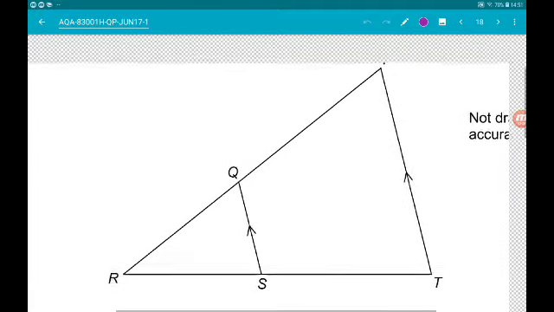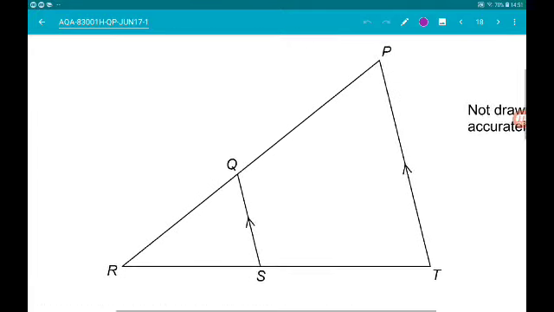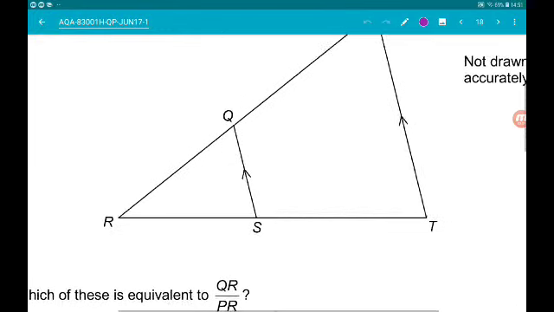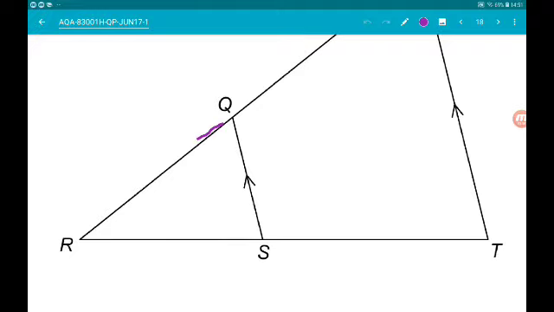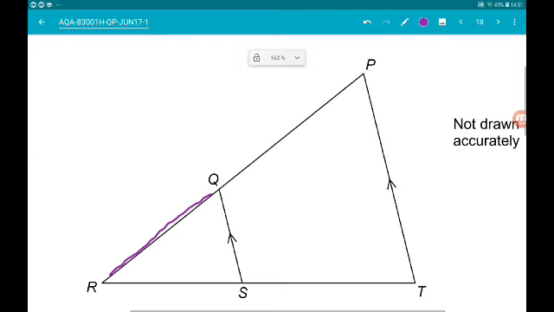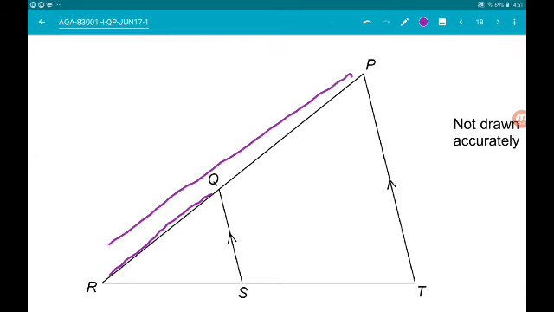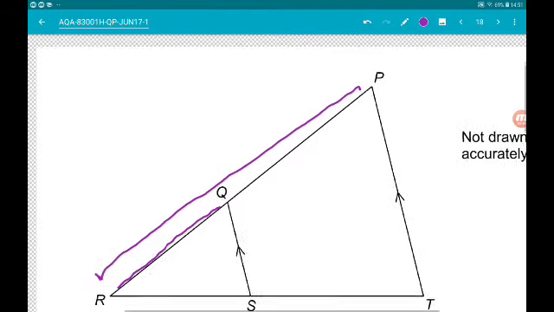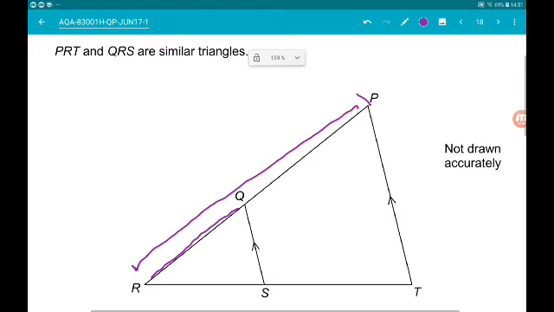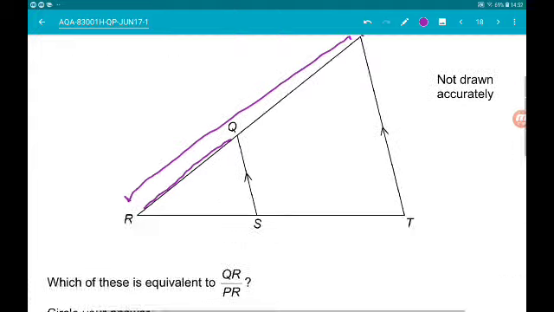So QR over PR is doing this small length here, QR, over this whole length here. So we are doing the small length, or a length of the small triangle, divided by the corresponding length of the big triangle. So we need to find another pair like that.